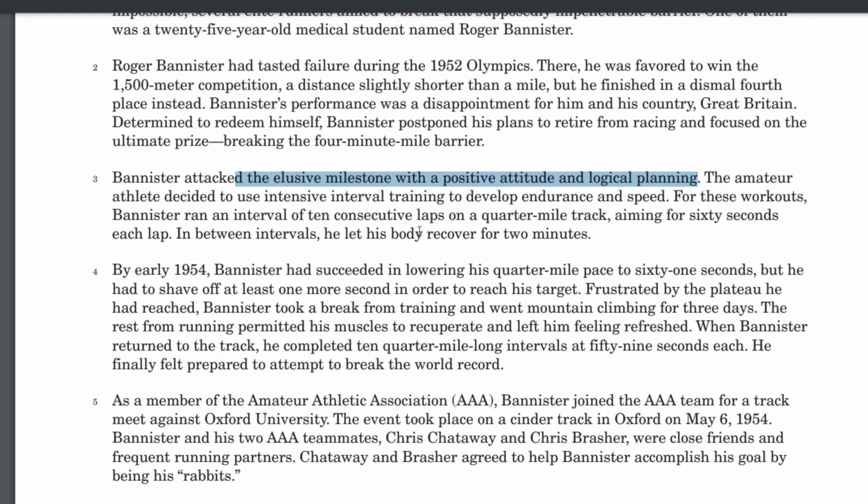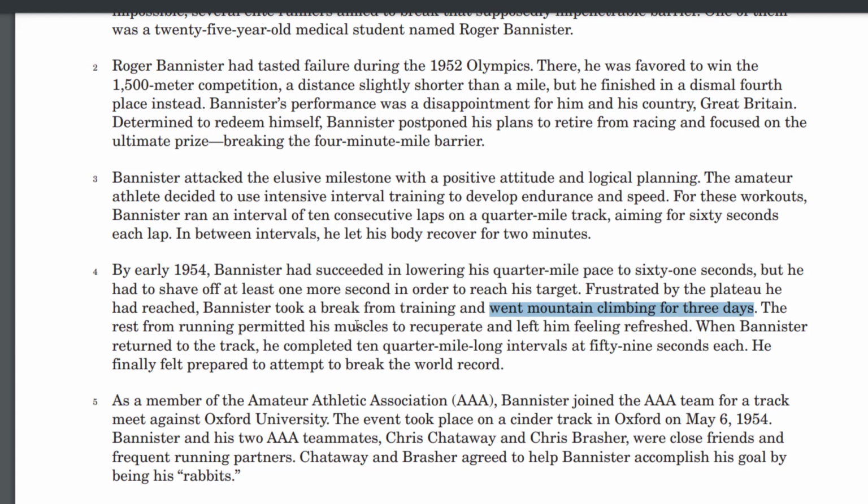It was interval training. By early 1954, Bannister had succeeded in lowering his quarter-mile pace to 61 seconds, but he had to shave off at least one more second in order to reach his target. Frustrated by the plateau he had reached, Bannister took a break from training. So that would be an alternative, since his interval training is the logical planning he's pursuing. Taking a break would be an alternative. And he went mountain climbing for 3 days. Well, that would definitely not be part of his logical planning.